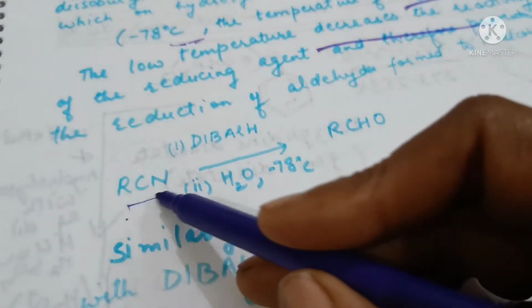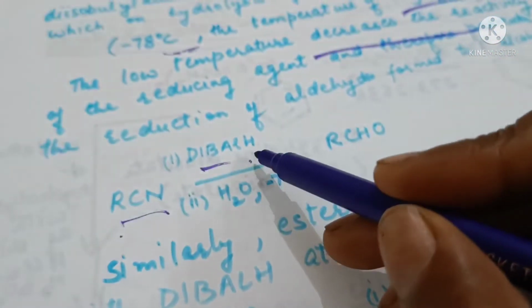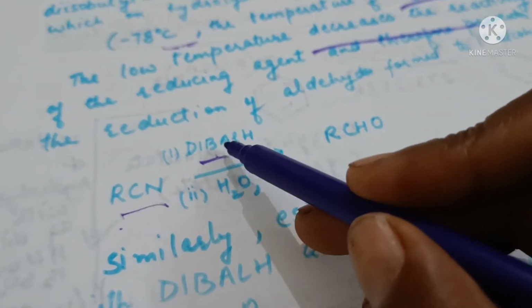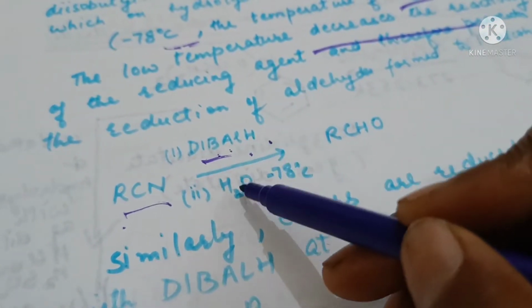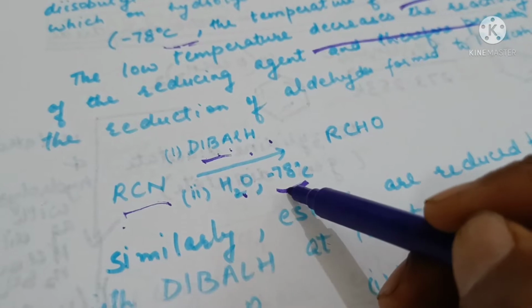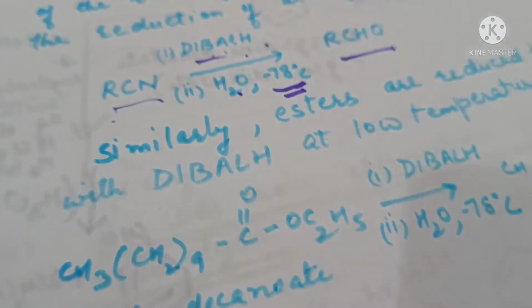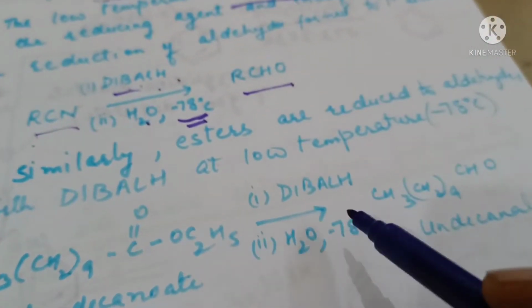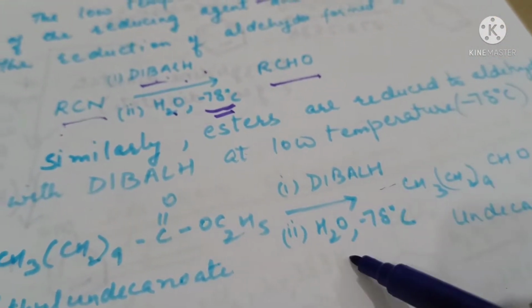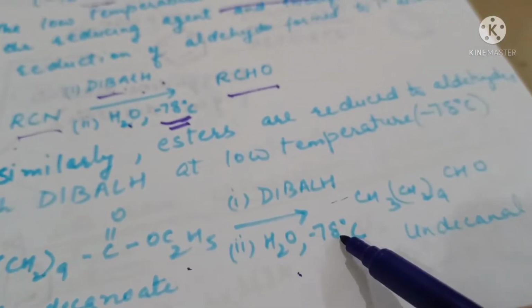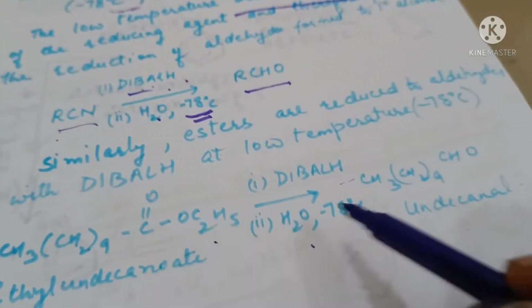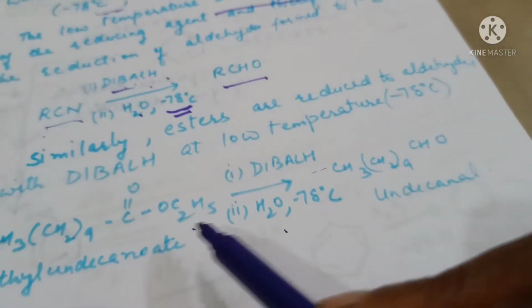So on reacting nitriles with diisobutyl aluminium hydride and then hydrolyzing it, keeping the temperature low, we get aldehyde. Similarly, esters are reduced by DIBAL and on subsequent hydrolysis will form the respective aldehyde.